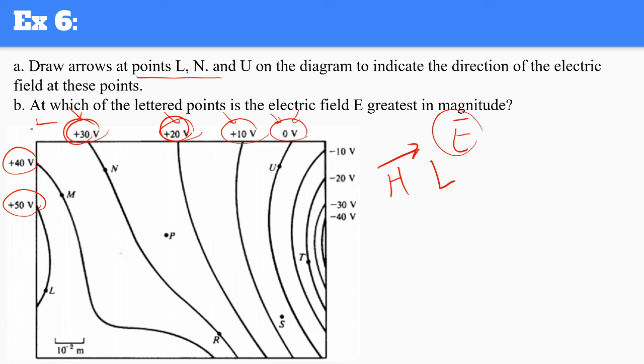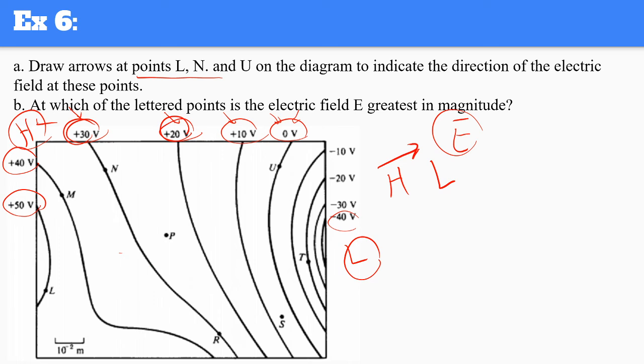The left side is going from high, and this is negative 40. This is the low side. So your electric field lines are going to tend to go in the right direction, because left has the high potentials and the right has the low potentials. And field lines go from high potential to low potential. So we figured out the direction, sort of.